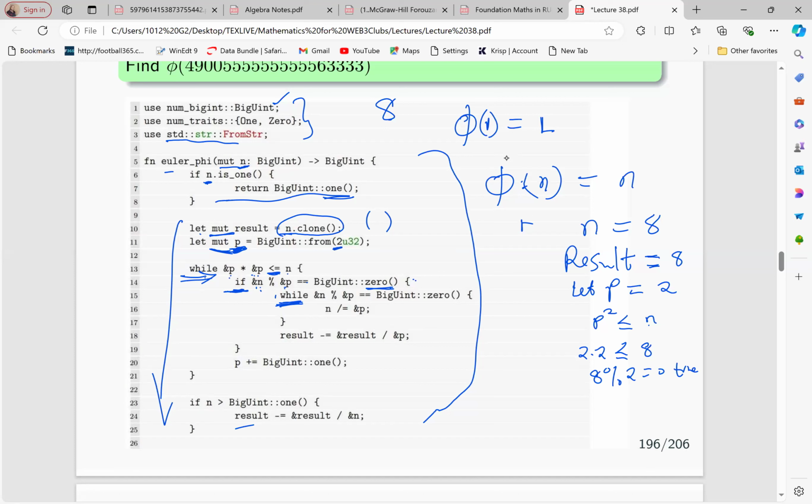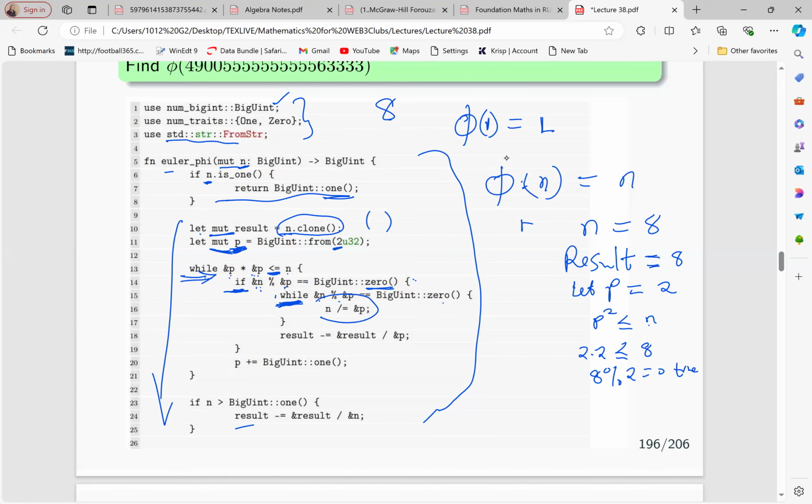This one says while n divided by p gives you 0, continue doing what is inside.